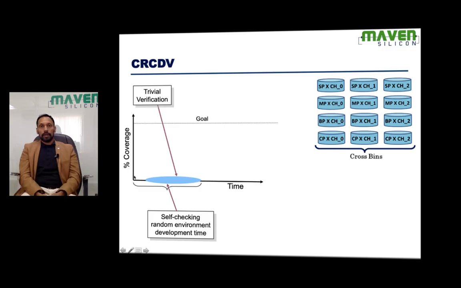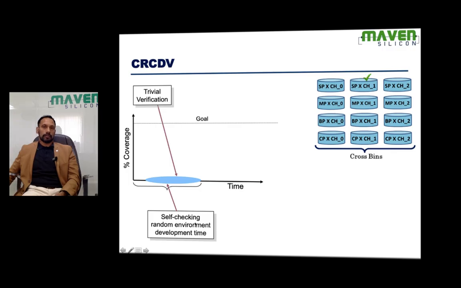For a complex test bench, like the one we create for an SoC, system on chip, it might take even a week, but that week will not be considered for design verification because the coverage is 0. During simulation, the focus will be more on filling the bins. Are we getting coverage? That's the important question. During trivial verification, the coverage will always be 0 because we are verifying the test bench.